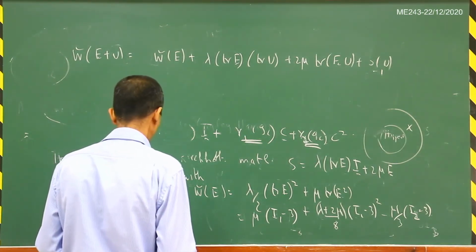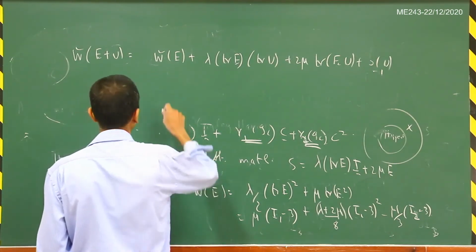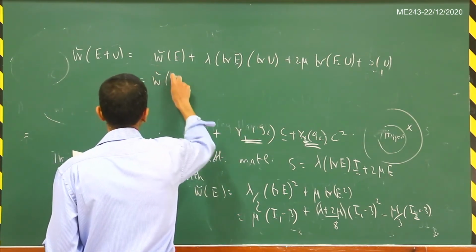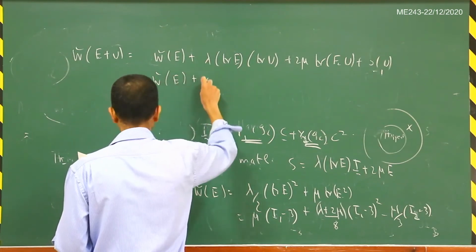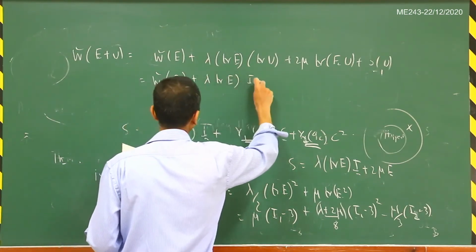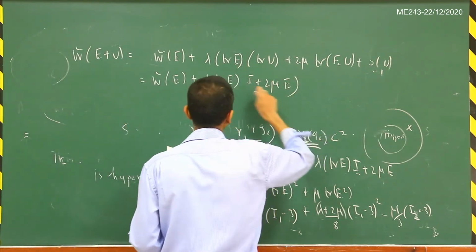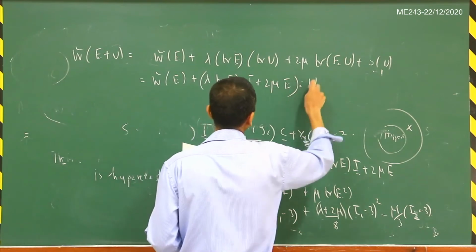And then this is equal to W of E plus lambda trace of E times identity plus 2 mu times E, matrix inner product with U. And so this is the gradient.